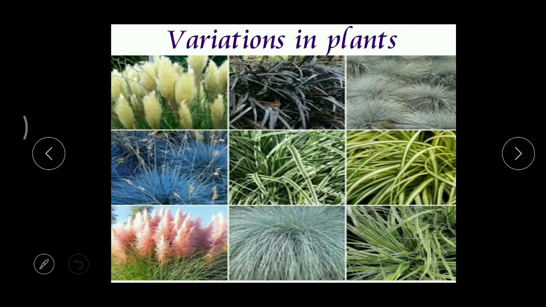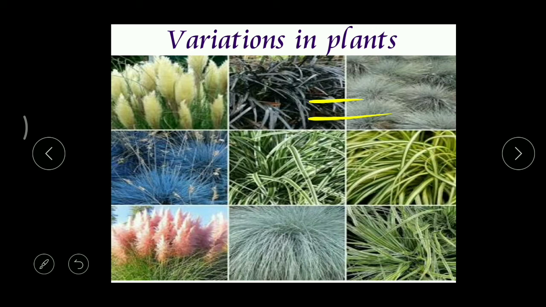For this activity you can select grasses. These are also grasses. You can select any two grass plants, and between these two grass plants you need to find out some differences and some similarities.